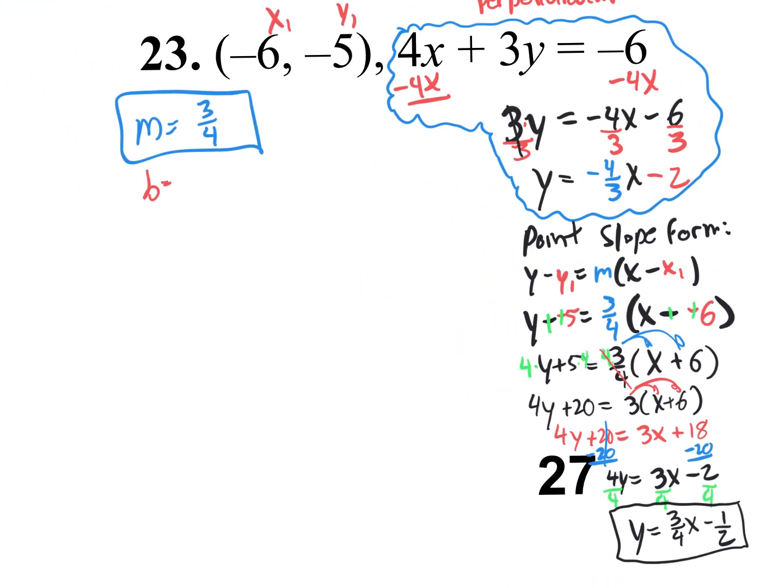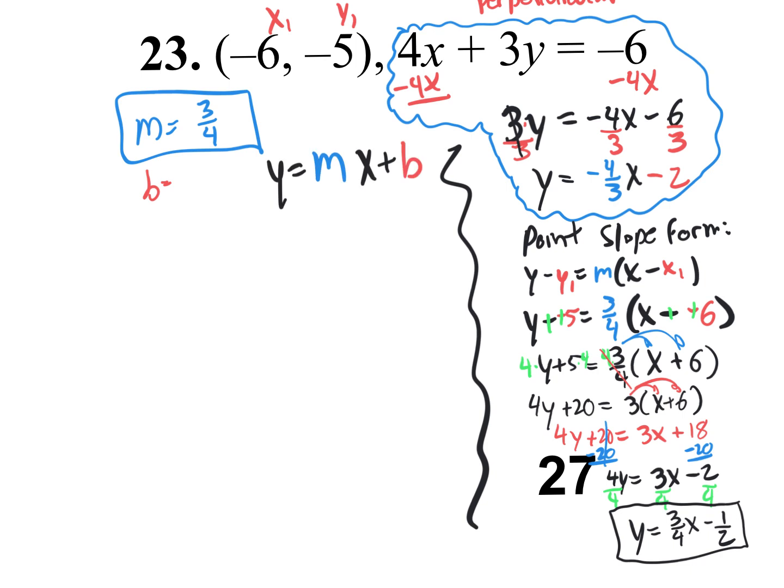After we acquired our slope and we had a point, we plugged in the point and we plugged in the slope to get it into point-slope form, and then we changed it to slope-intercept. Now, if you didn't want to go with the point-slope form situation, you could have said, I'm just going to stick with y equals mx plus b.